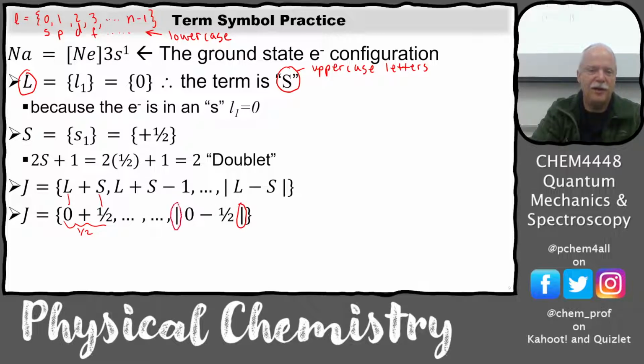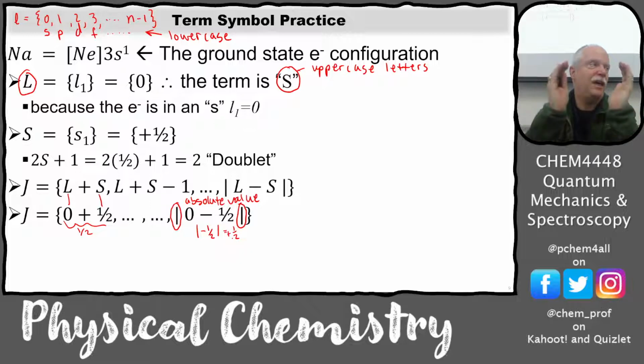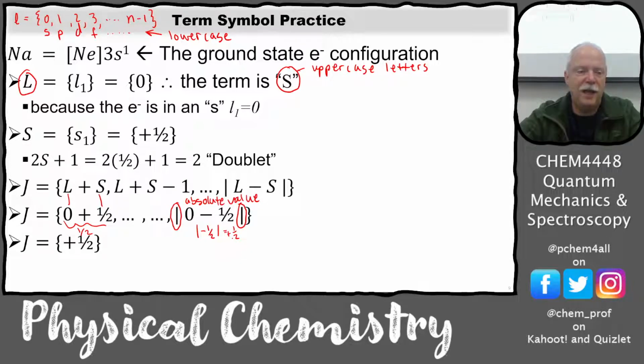So we don't ever have negative numbers. So that would be minus 1/2 inside the absolute value term. So that's going to equal plus 1/2. So it ends up being the max and the min are equal in this situation. And so we just have one J value, which would be 1/2. So J is equal to 1/2.